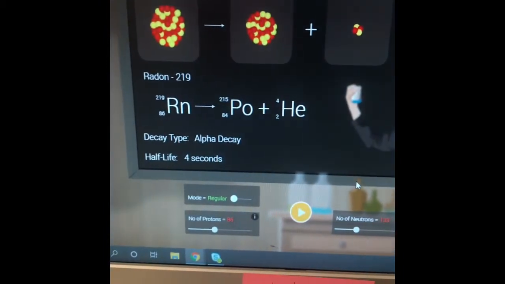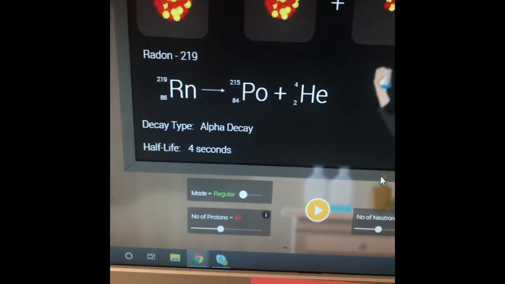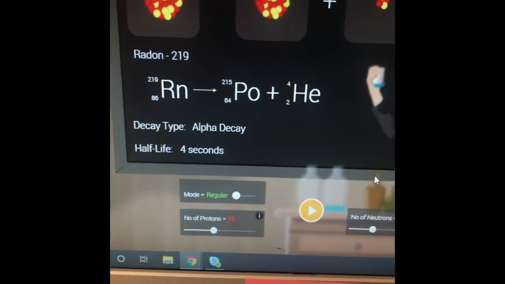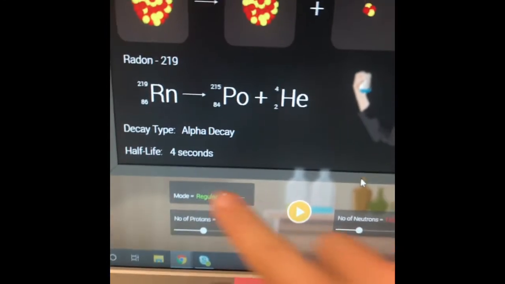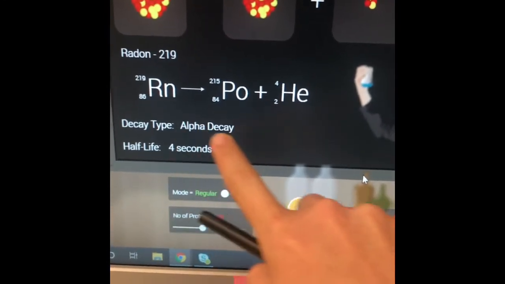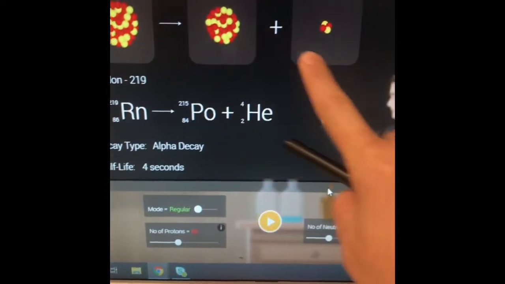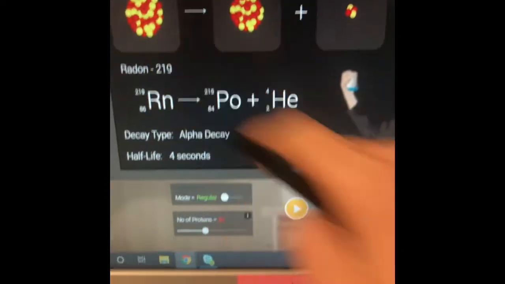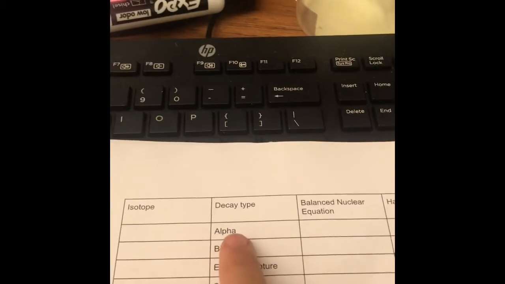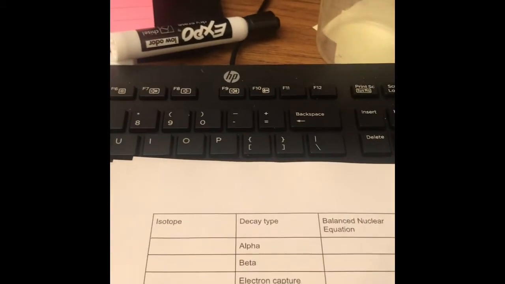Okay? So if we look at this particular isotope of radon, see it's radon 219. This shows that this decays by alpha decay, and it shows a picture of what the products would look like. So in this table, that's the first type of decay that I have to identify.